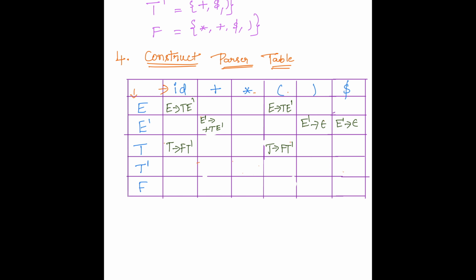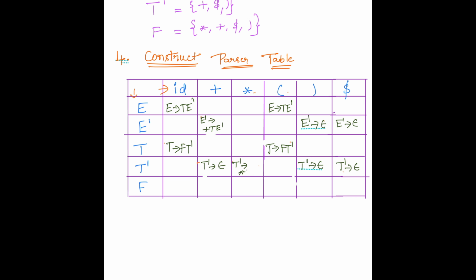Since it contains epsilon, we use the follow of T prime, which is plus close brace dollar. So we write T prime produces epsilon under plus, close brace and dollar.